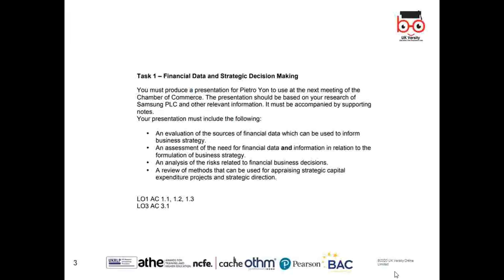Task 1, what we've been asked, what we really need to do. We have assessment criteria, which we learned in lesson 1: 1.1, 1.2, and 1.3. We learned about financial data and financial information, and where we can get the information, internal and external sources. We learned how data becomes information, and information becomes knowledge, and why knowledge is important for decision making.